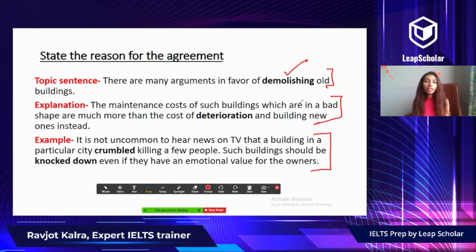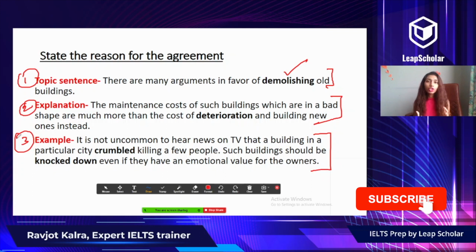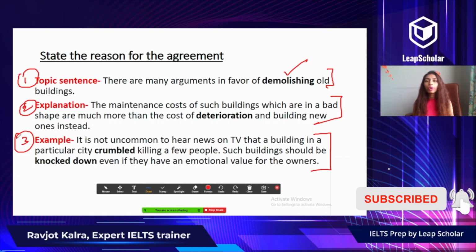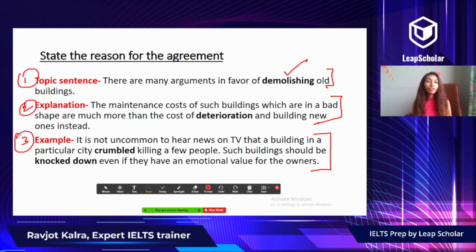So that is how you will structure the body paragraph. You will write topic sentence number 1, you'll explain it, and you write the example. This is the general and common structure for each and every kind of body paragraph, irrespective of the question that you write. But do remember, if you're talking about agree or disagree, then you're talking about agreeing in one paragraph and disagreeing in the other if you're partially agreeing.